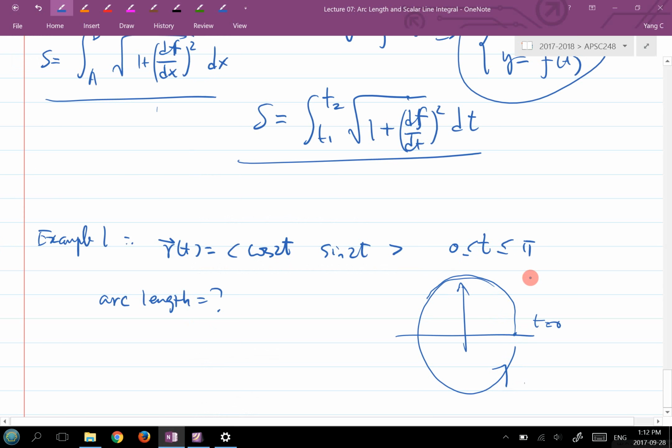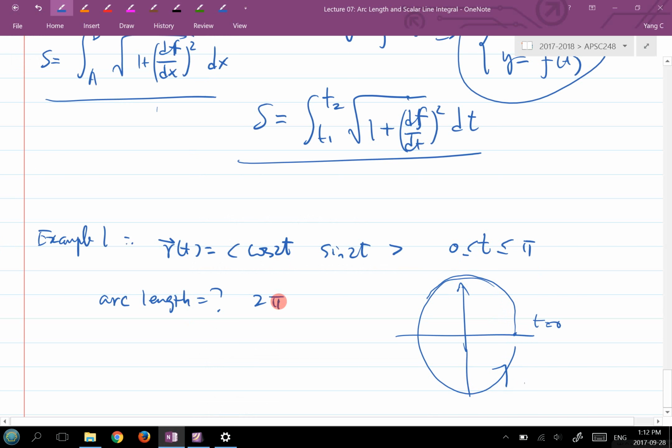It starts here and comes back to here. So what's the arc length? It should be 2 pi r, and r equal to 1, so it should be 2 pi.